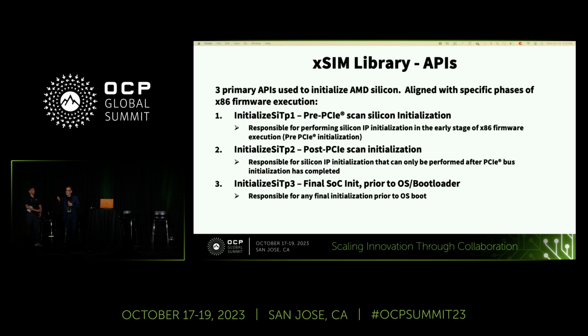The next one would be once you've done your PCI enumeration, you can do further initialization and so on and so forth. But it is just that one API. Now, that is very cleanly separated. The silicon initialization part is separated from platform initialization. So things like GPIOs get pushed to the other library, not in the silicon initialization. So that's the next.